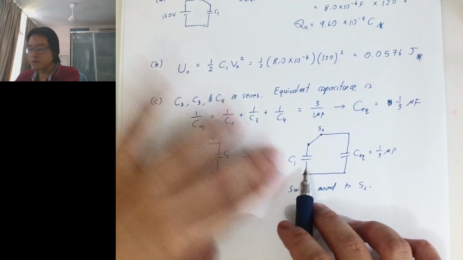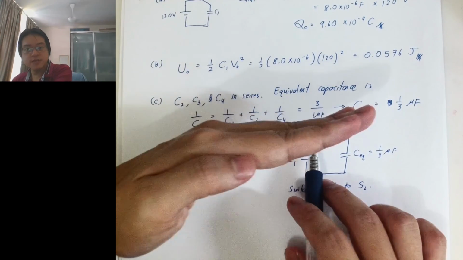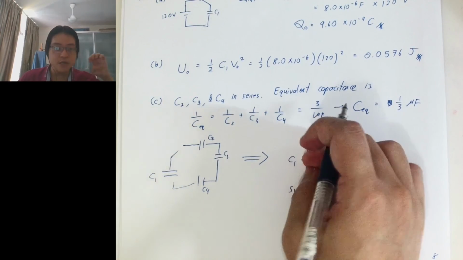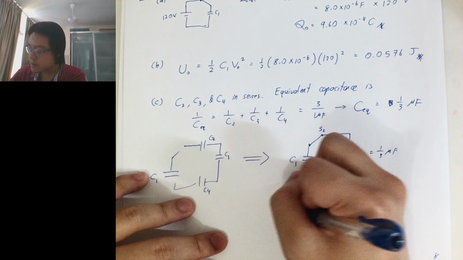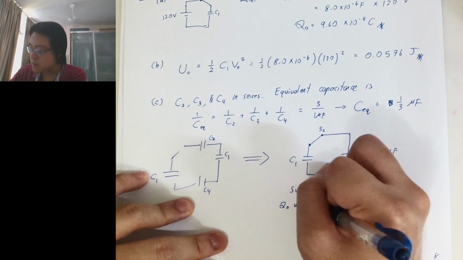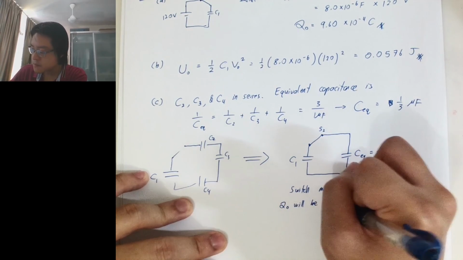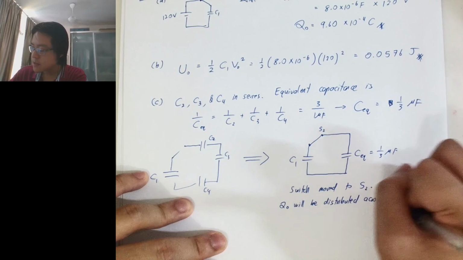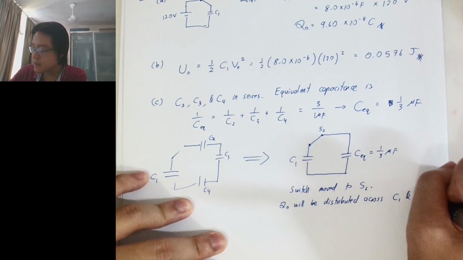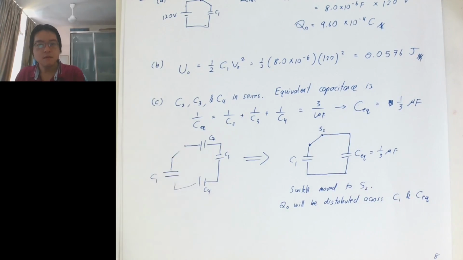When I connect the switch to the other side, the Q0 will spread out. So Q0 will be distributed across the capacitor C1 and the equivalent capacitance. This is discharging the capacitor, but some of the charge will move over there.